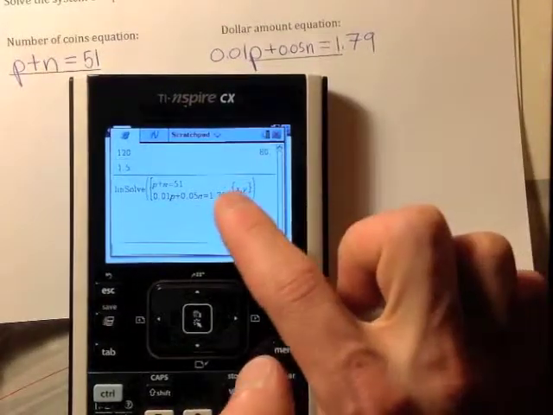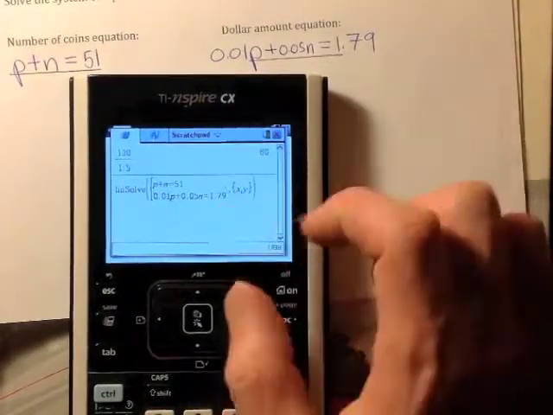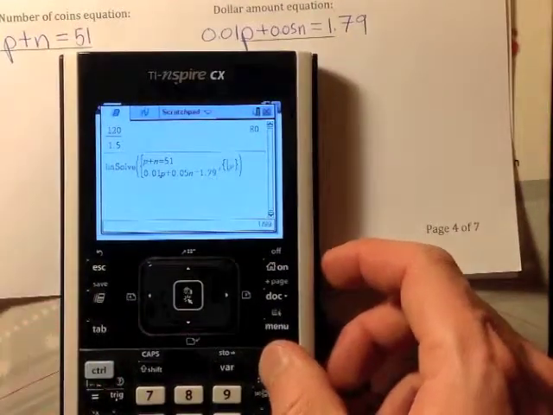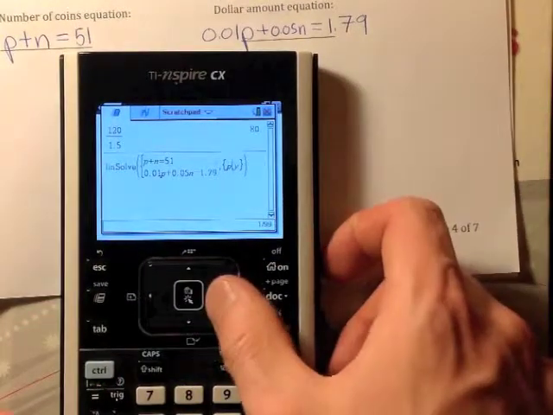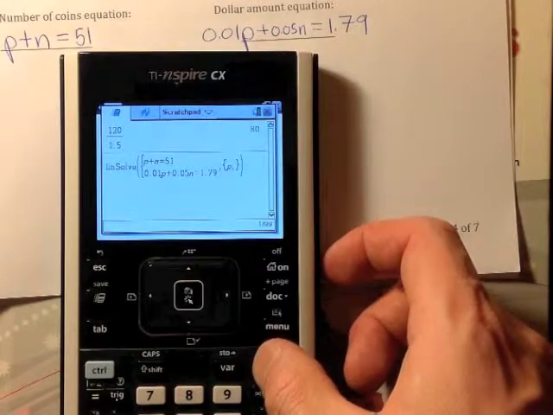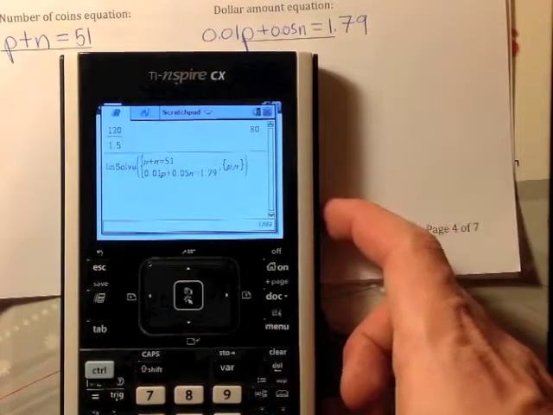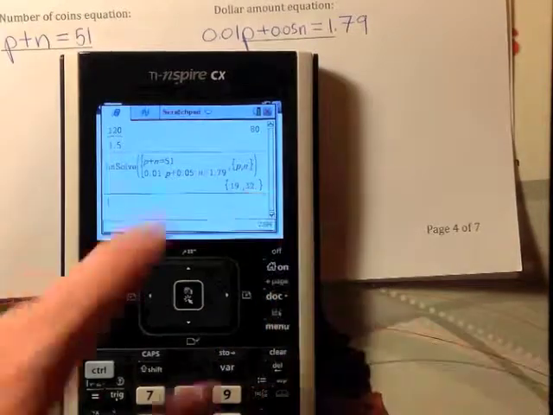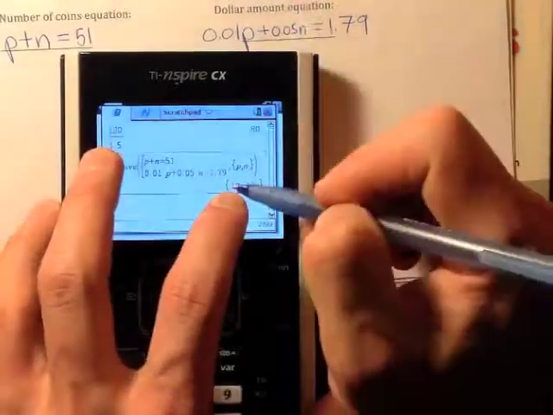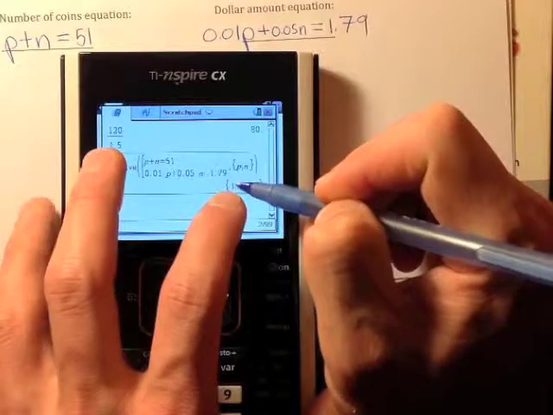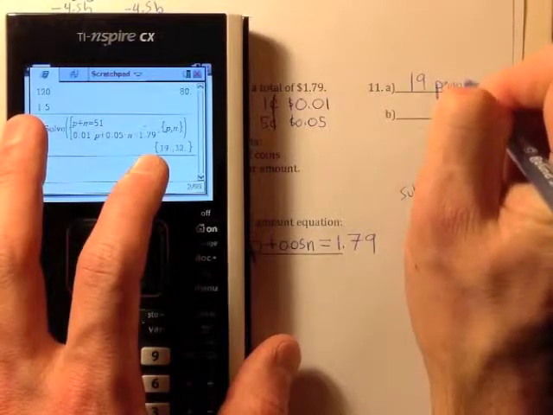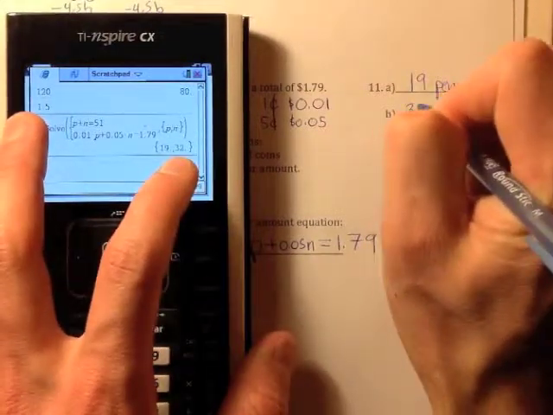I'm going to need to change my X and Y because I have P and N. So change X into P and change Y into N. Enter. Hey, look at that. 19 and 32. Now 19 is in the P slot, so P is 19. So I have 19 pennies and I have 32 nickels.